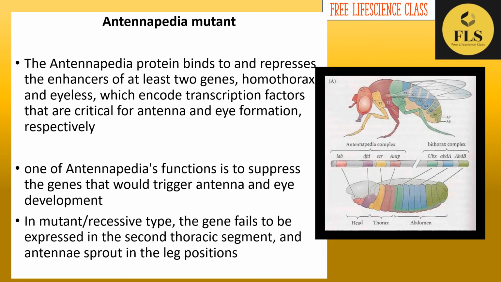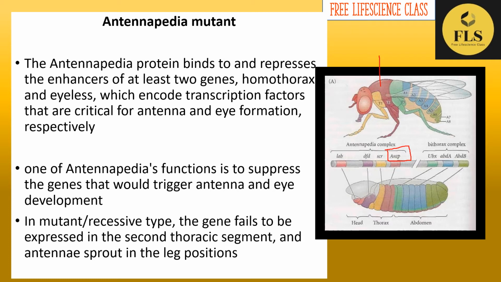So let's discuss the Antennapedia mutant case. Before going into that, I will explain two points. This Antennapedia complex is mainly seen in the second thoracic segment, the mesothoracic segment. Its function is to help in forming the structures of the second thoracic segment, that is a set of legs and a set of wings.